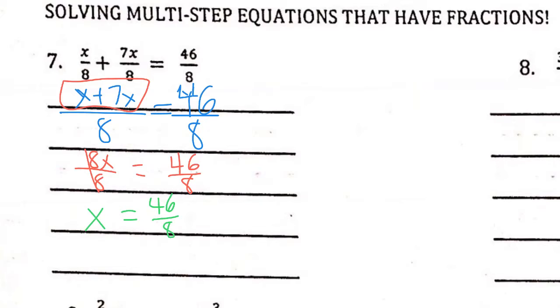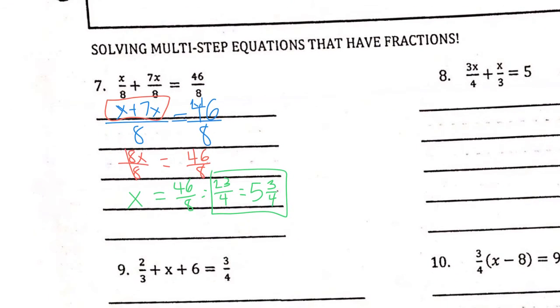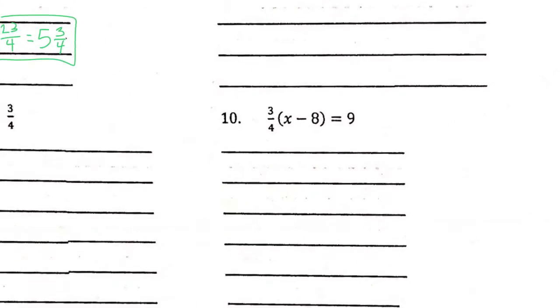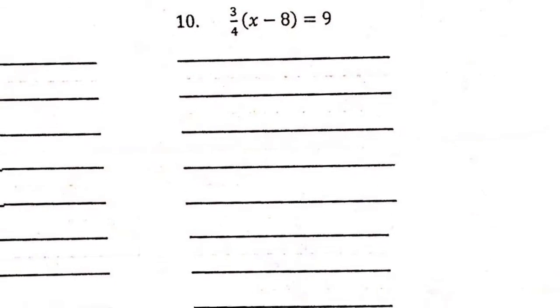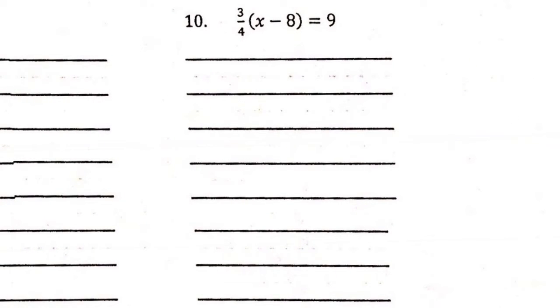Now, we know we can simplify our fractions to get 23 over 4, which is 5 and 3/4. So either of those two are going to be in simplest form. Now, I want to look at number 10. In this example, we are going to be distributing a fraction.